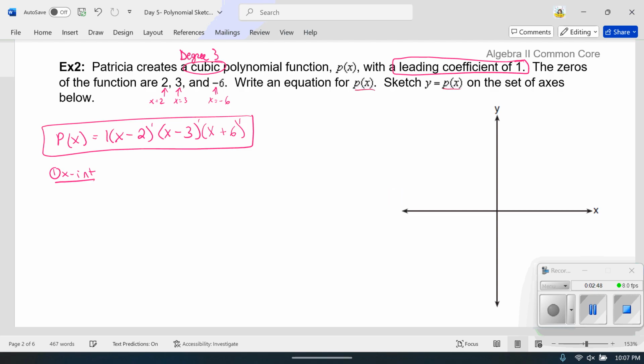Now, your x-intercepts are x equals 2, multiplicity of 1. How do I know it's a multiplicity of 1? Each one happened 1 time each, right? Because you have a degree 3, that means if you have 3 different answers, they could only happen 1 time each. If something happened more than once, then you would have more than 3 answers. So they're all multiplicities of 1.